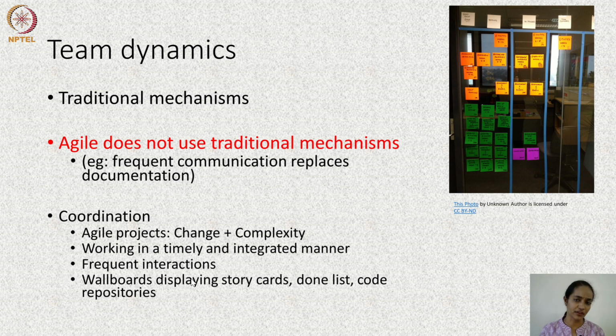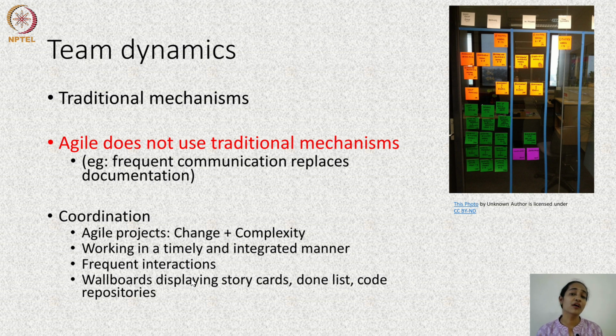Agile teams have been created primarily to deal with two important issues, which are constant change and a high level of complexity in Agile projects. This is solved in Agile teams by making sure that the team members work in a timely and integrated manner.